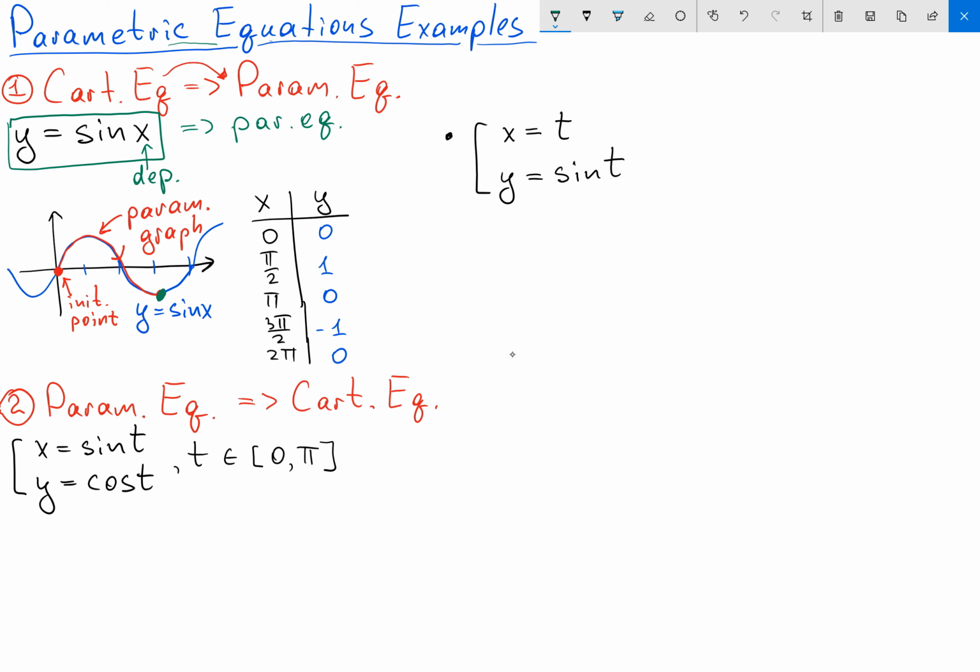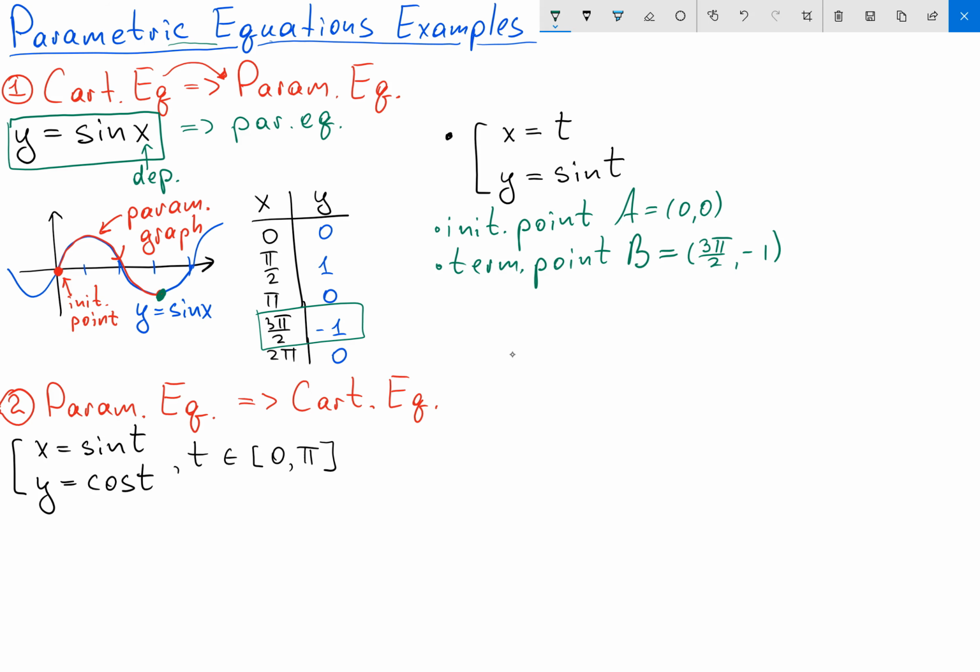My initial point, let's say point A, has coordinates 0, 0. And my terminal point, let's say B, has coordinates 3 pi over 2, minus 1. We can see these coordinates from this table. So this is my A and this is my B.